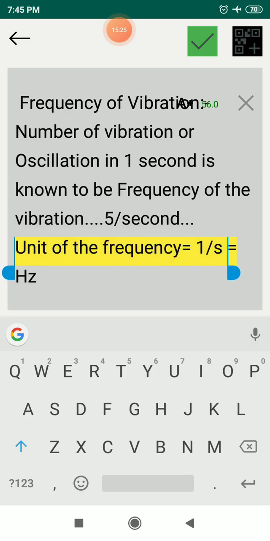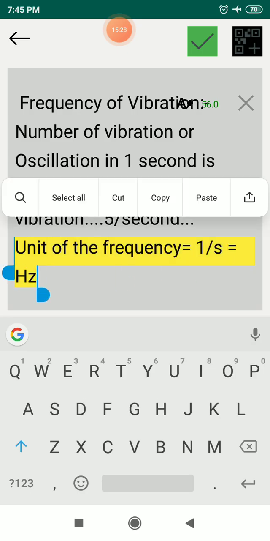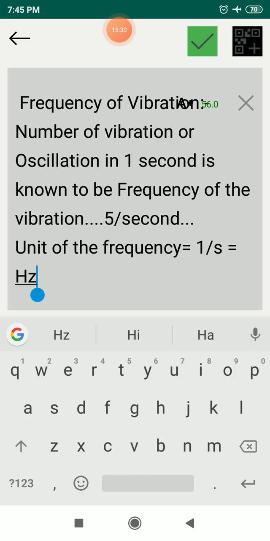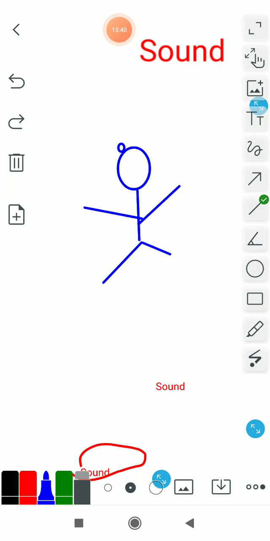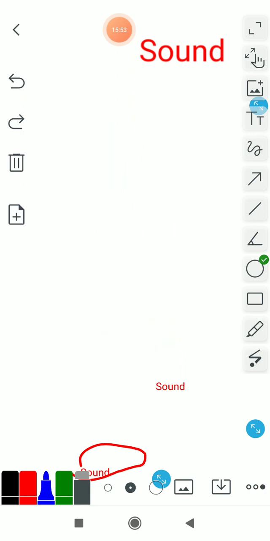That means, in 1 second, the number of vibrations. Suppose you are a human, and you are vibrating your hand like this, but at the same time, a mosquito is vibrating its wings. In 1 second, you are vibrating your hand 5 times, maybe less than that.